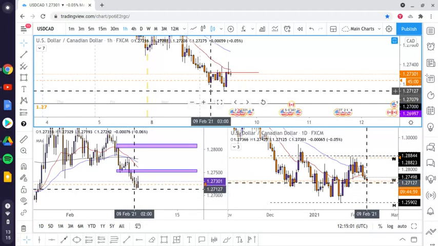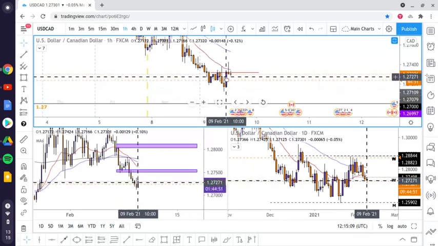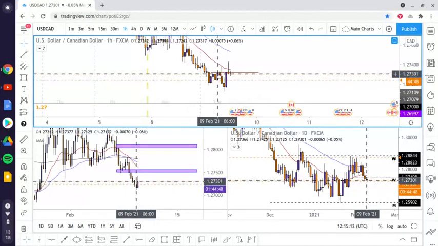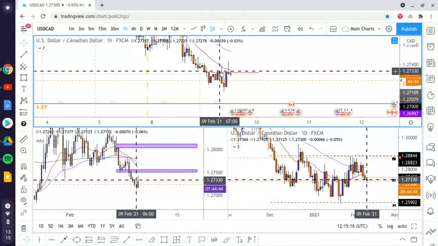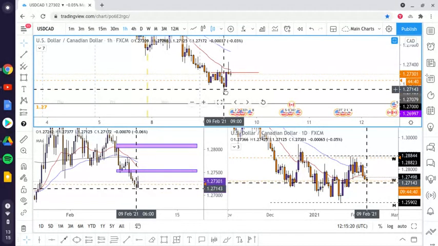The break and retest could be a bit too much for price to respect in this example. So the next area would be this area here, which is essentially the 1 hour lower high, the origin of the impulse that created the push.